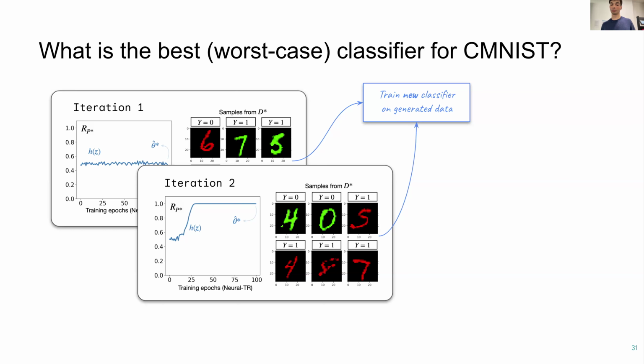Let's continue. We're now going to go onto our third iteration of the algorithm, which is to train a new classifier to minimize the maximum error across these two data sets. These two data sets have opposite correlations between the label and the color.